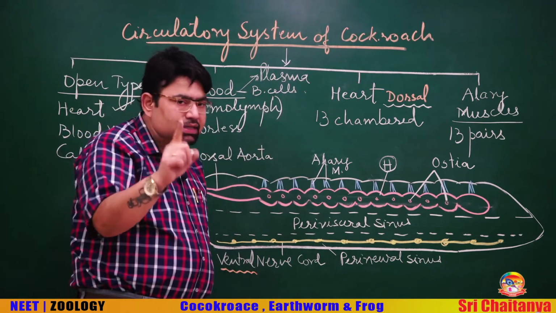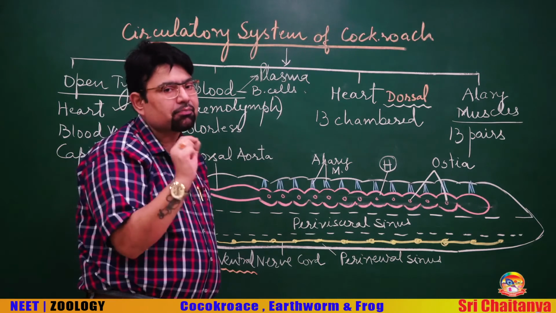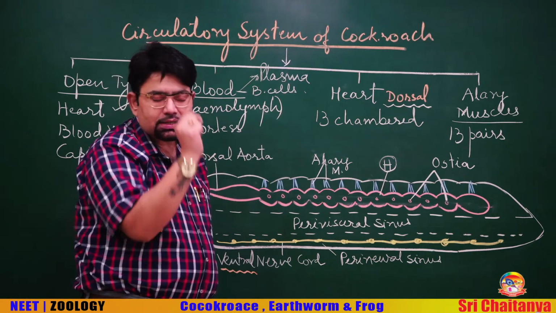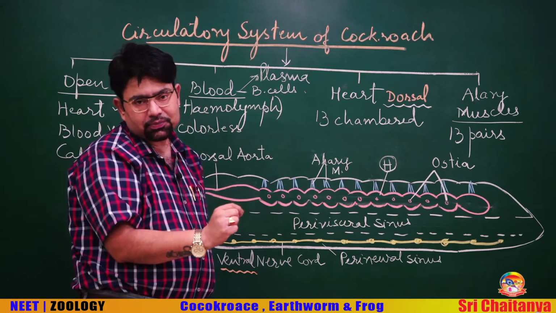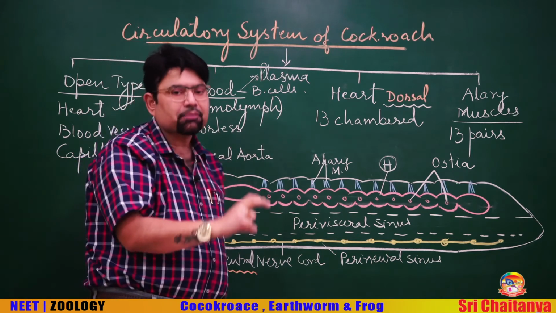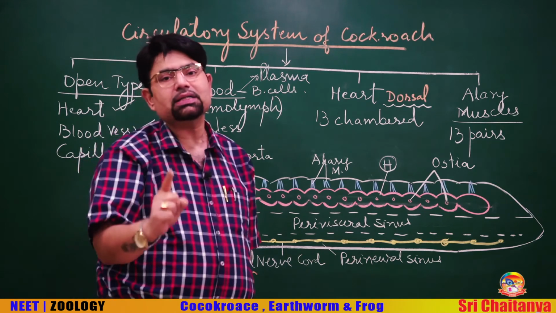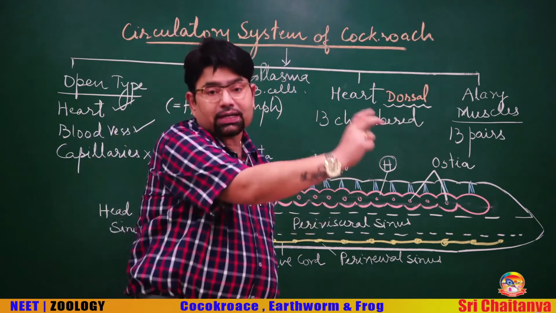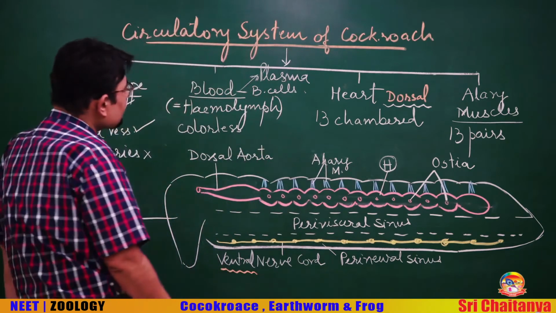The plasma does not contain any respiratory pigment. This is a very important question asked many times in the examination: what is a respiratory pigment. Remember, blood does not participate in exchange of gases, or the transport of gases to be more precise.